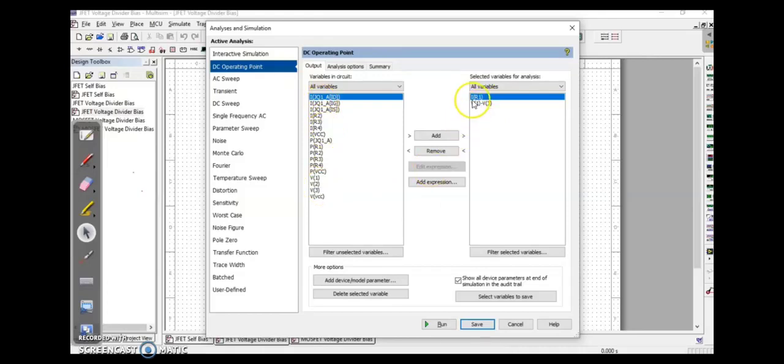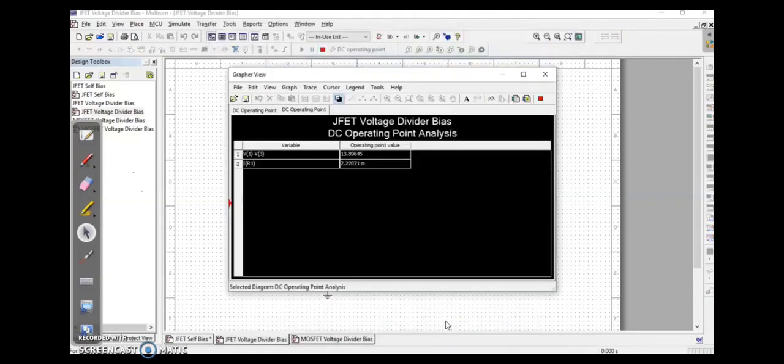We are adding I of R1 and V of 1 minus V of 3 as expressions, and now we run this and we get V of 1 minus V of 3 as 13.89645 and I of R1 as 2.22071.